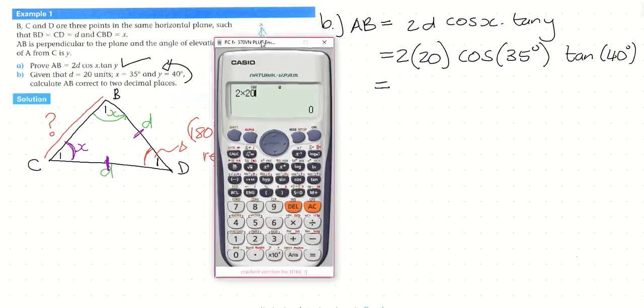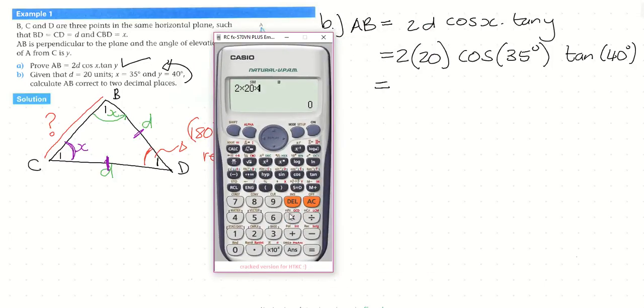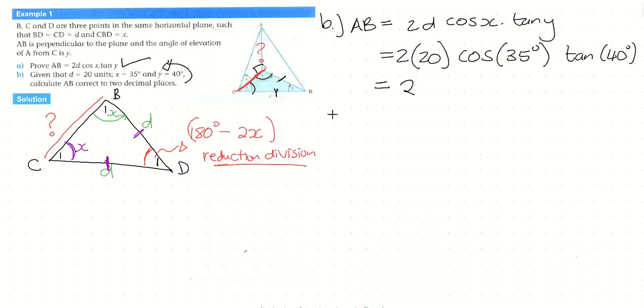Let me just move it across so you guys can see the sum. 2 times 20 times cos 35 degrees, close the brackets, times tan 40 degrees, close the brackets. And you end up getting 27.4940713. They asked for 2 decimal places. 4 is below 5, so we keep it at 27.49. 27.49, and it's units. Sorry, they haven't given us the units.